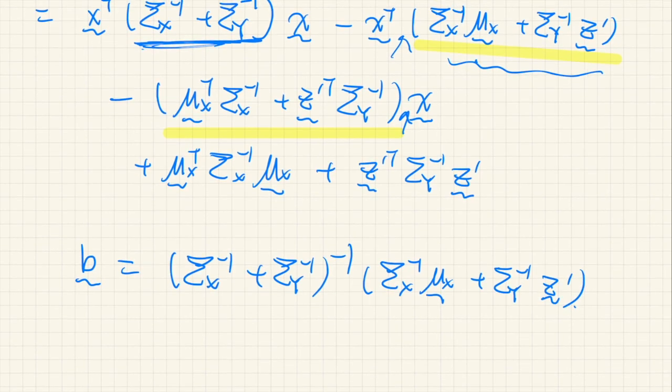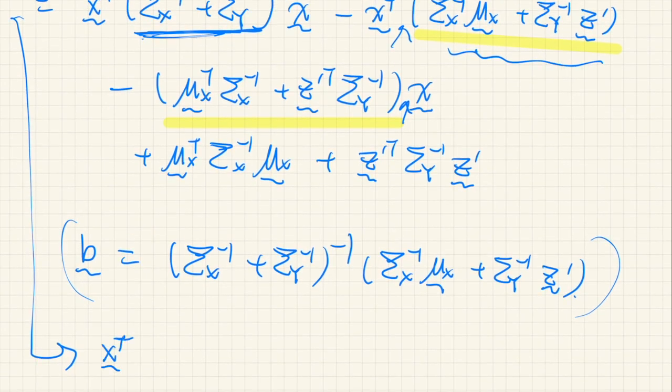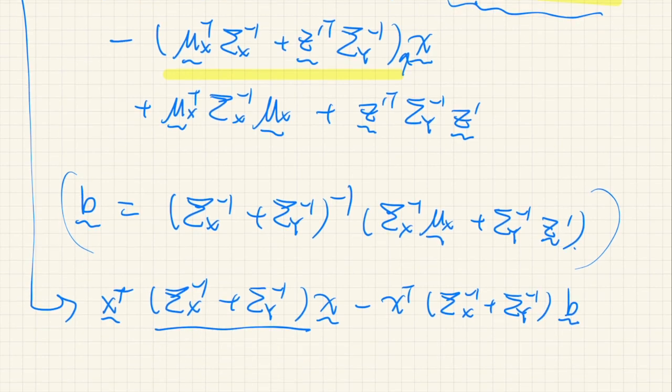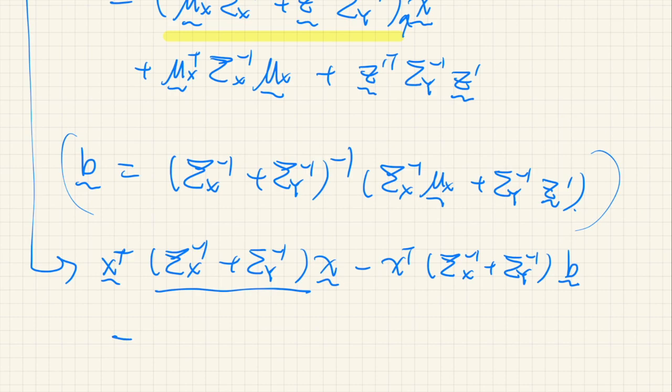So if we put it this way, then this is equal to x transpose times sigma x inverse plus sigma y inverse times x minus x transpose, and we have this matrix here, sigma x inverse plus sigma y inverse, times b, and b transpose times sigma x inverse plus sigma y inverse times x.